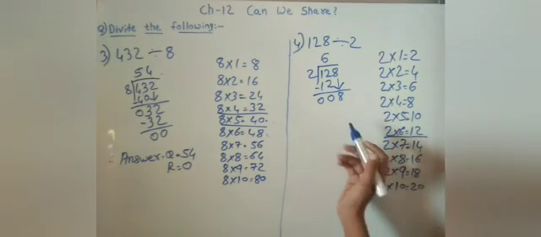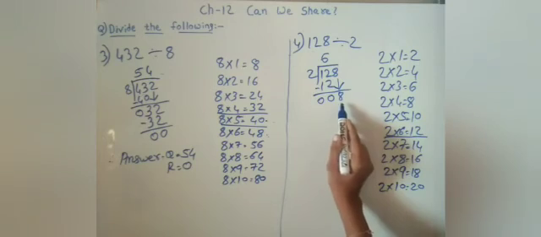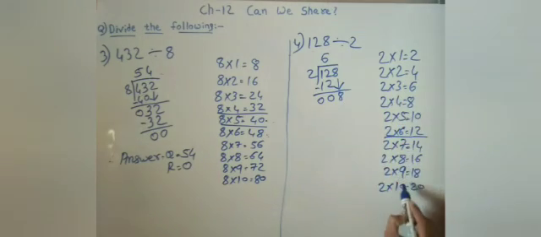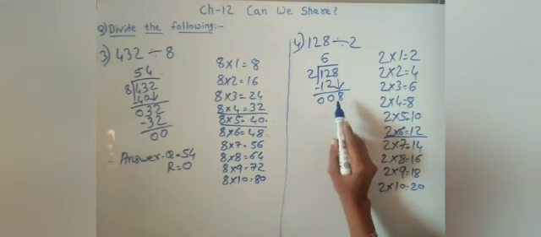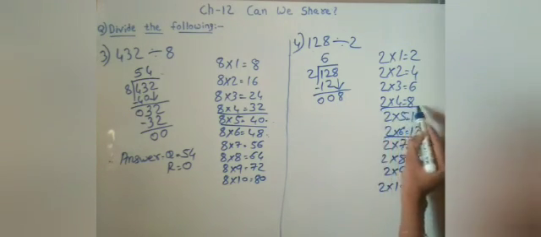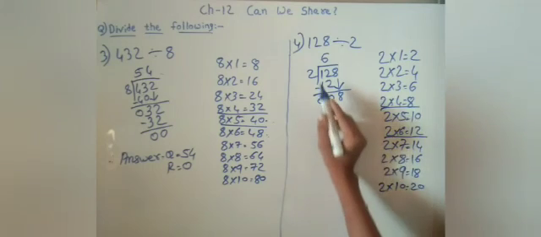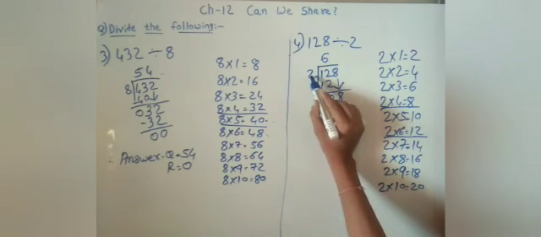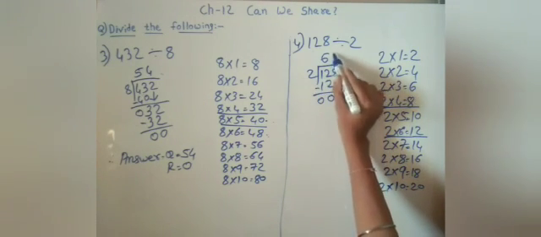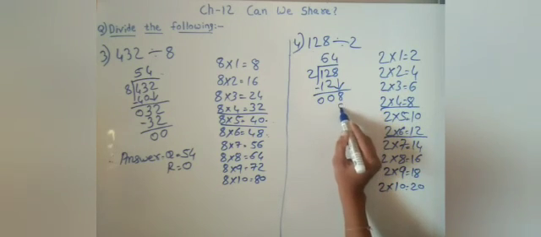Now again we will check whether the number 8 is coming in the 2 table or not. Yes, it is coming. 2 fours are 8. So here we write 2 fours are 8.